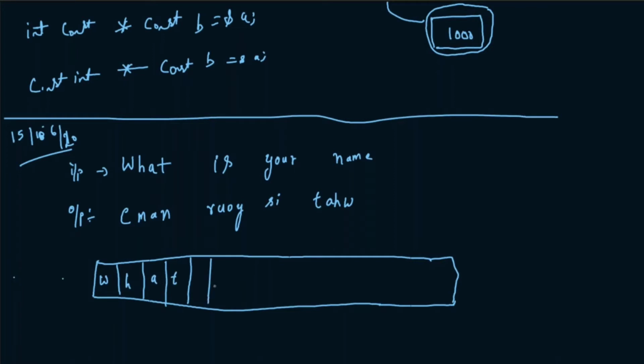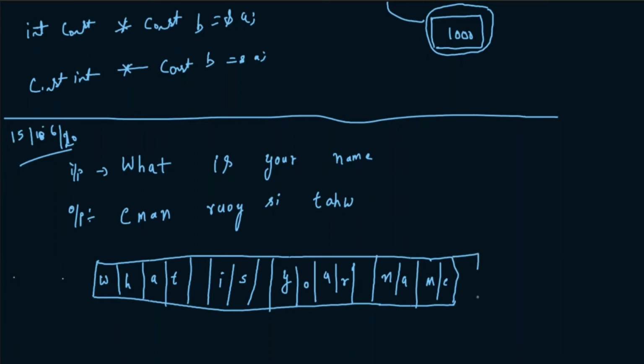Then I S, is. Then Y O U R, your. Then N A M E, name, right? The last one is the null character.